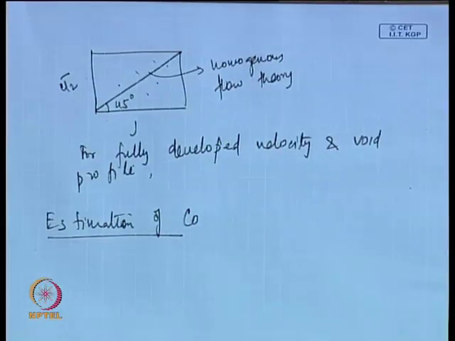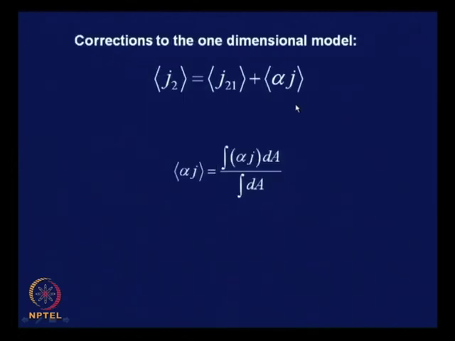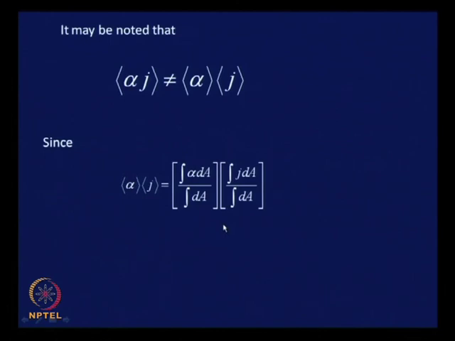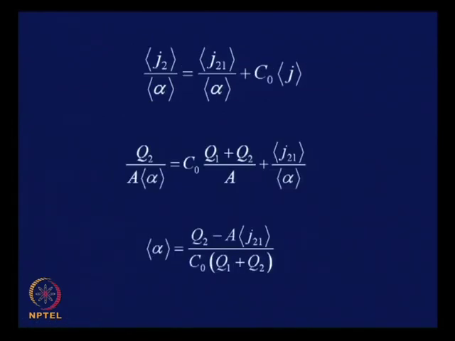If you observe this PPT, you find that I have just written down the basic equations. You can always go through them and find that more or less the basic things are written here. So C0 is the ratio of the average of the product of flux and concentration to the product of the averages.